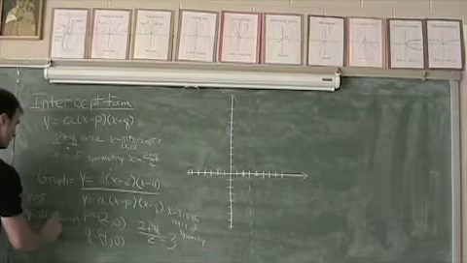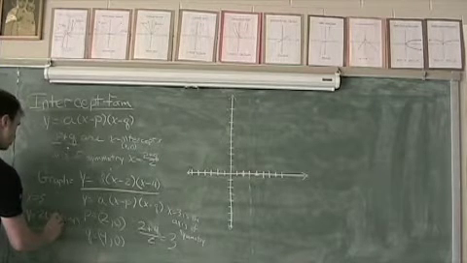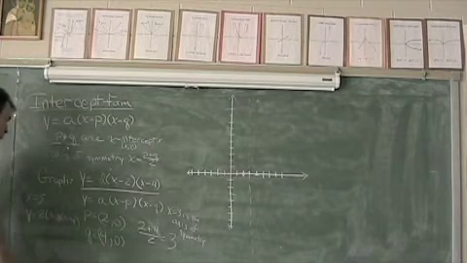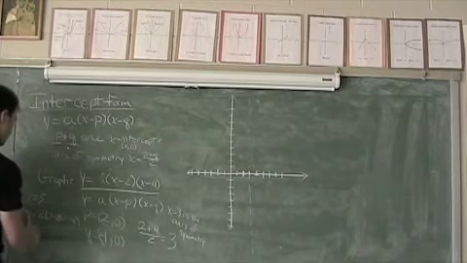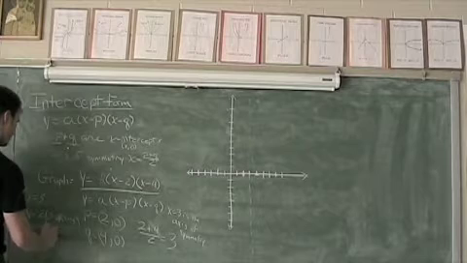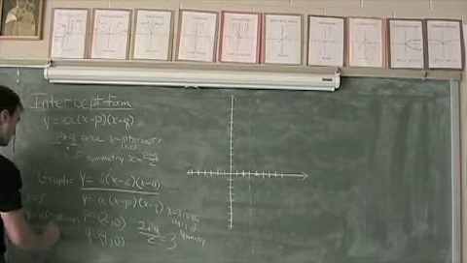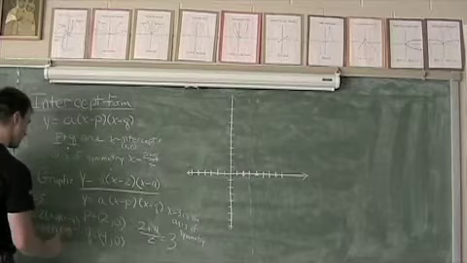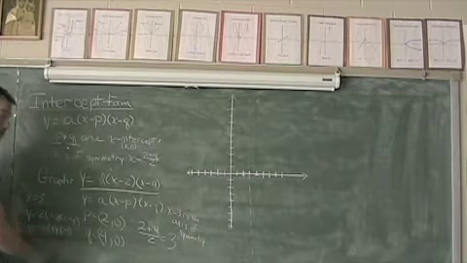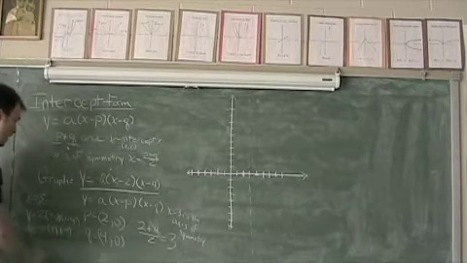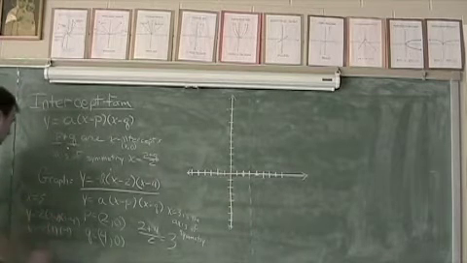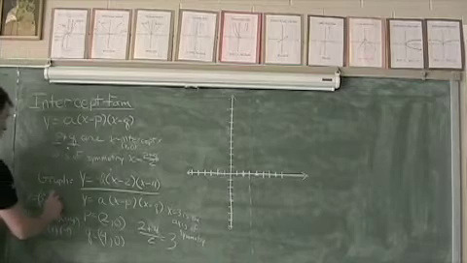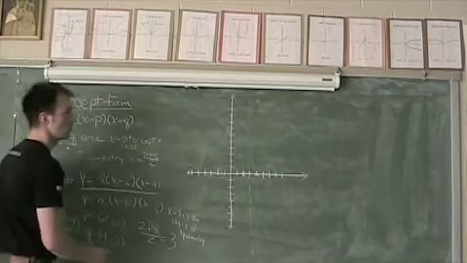Well, that gives me y being equal to negative 2 times positive 1, times negative 1. Negative 2 times 1 is a negative 2, times a negative 1, it's going to give me a positive 2. So my vertex is at (3, 2).